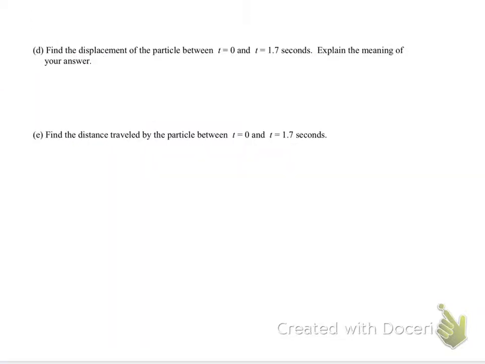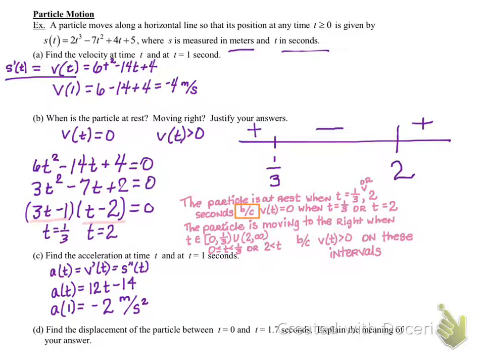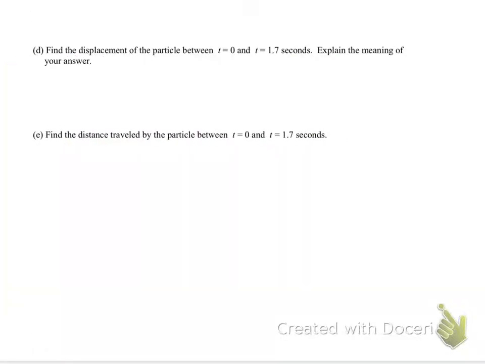Okay, we're first going to find the displacement of the particle between t equals 0 and t equals 1.7 seconds. It is important to notice on the previous page that the particle changed directions at 1/3. For displacement, we don't need to concern ourselves with that, but when we get down to distance, we need to remember that.